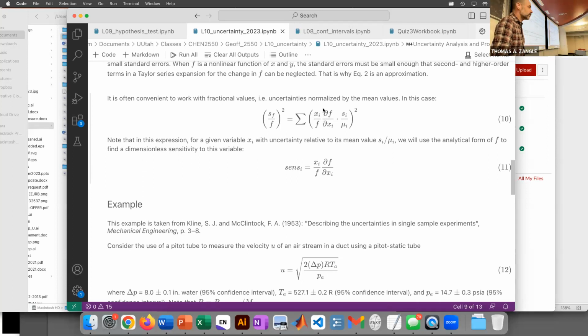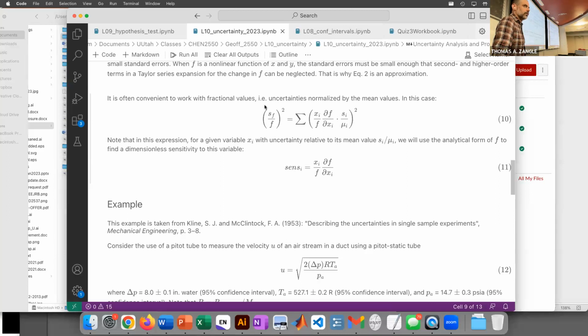So we're going to find what this coefficient is, and then multiply that by the fractional uncertainty in our variable. Square that. Do it for the next variable. Square that. Add all of those up, and then what we end up with is the fractional uncertainty squared in our final functional form. Does that general idea make sense?